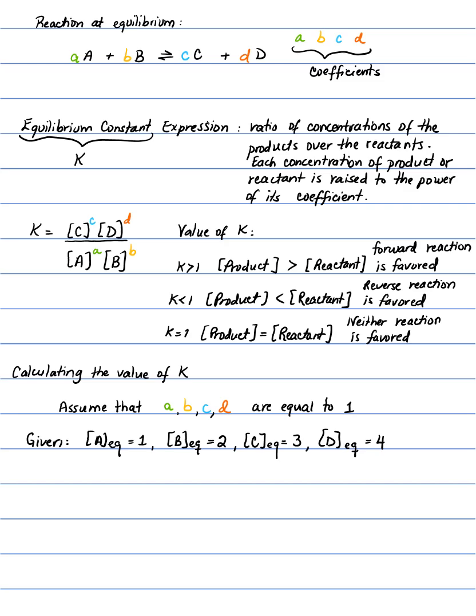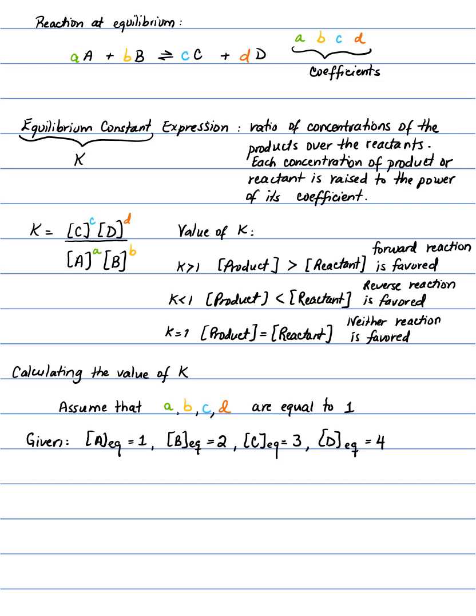You have two products in this reaction, product C and product D. So in your equilibrium constant expression, we write the concentration of product C times the concentration of product D. That's what goes on the top part of your ratio.